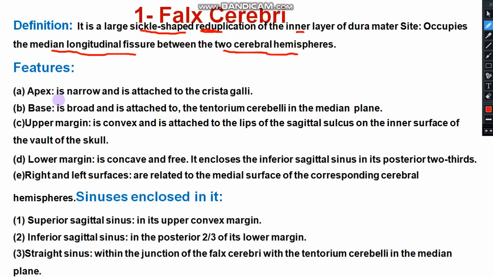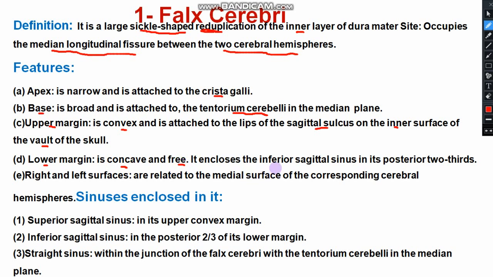It has an apex, which is narrow and attached to the crista galli. It has a base, which is broad and attached to the tentorium cerebelli in the median plane. Its upper margin is convex and attached to the lips of the sagittal sulcus on the inner surface of the vault of the skull. Its lower margin is concave and free.